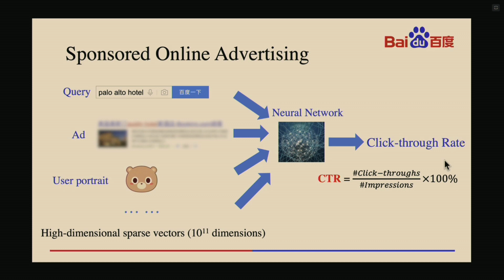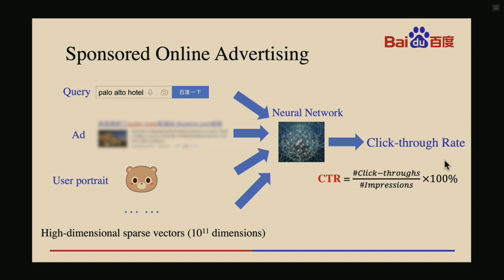So we can see the input is a query, say just the keywords we entered in the box. It can be a word embedding of those keywords. And we have an ad, like the embedding of the ad features.